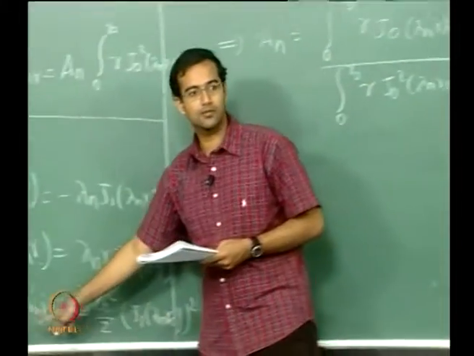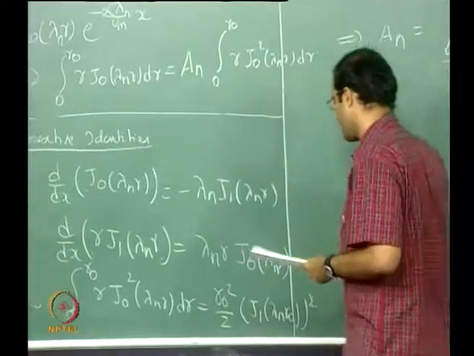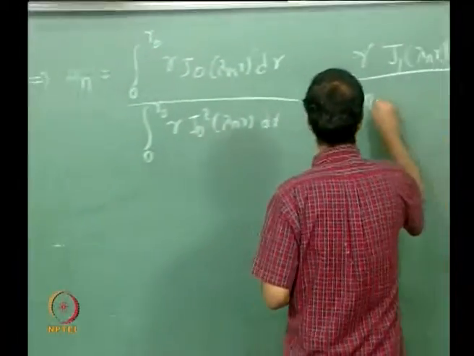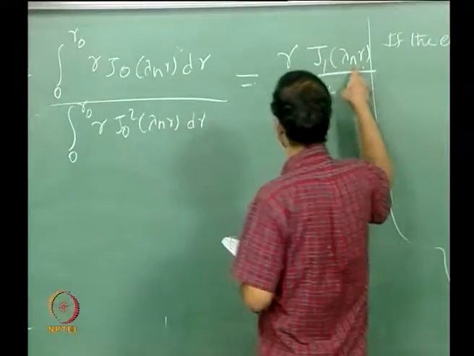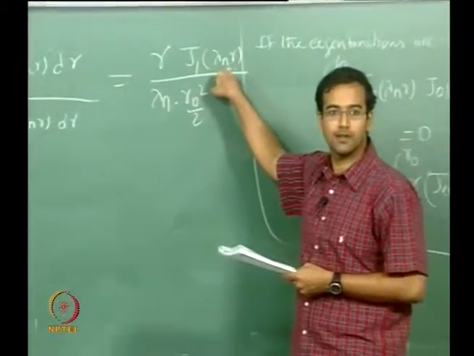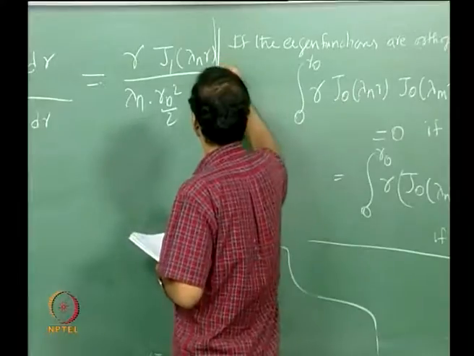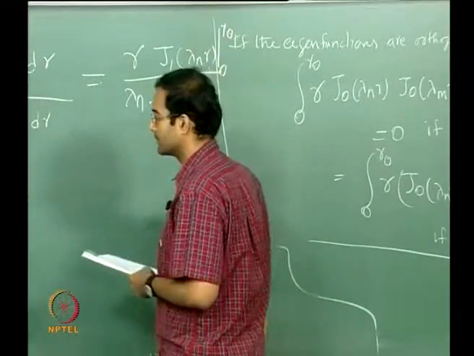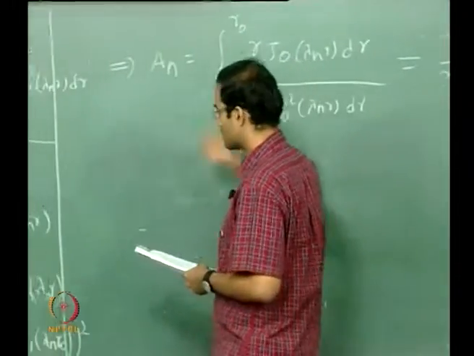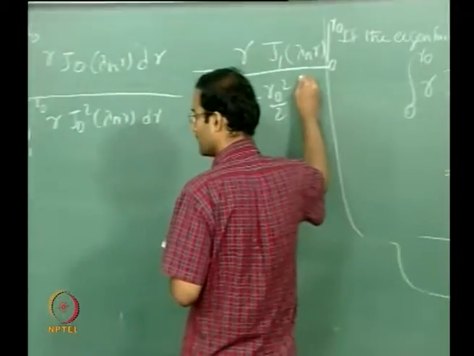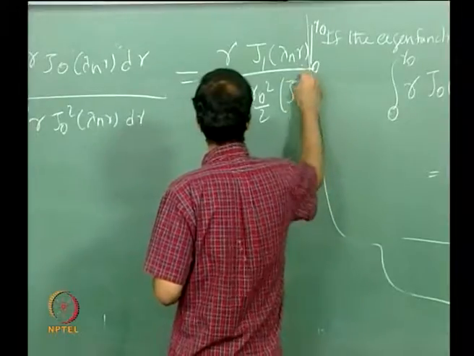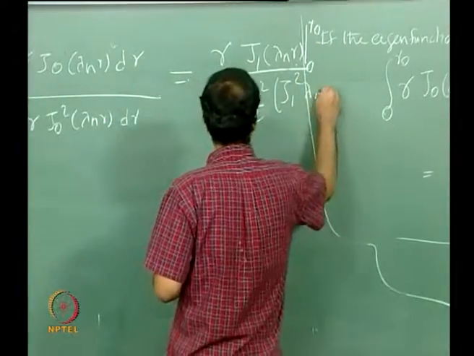So that is, you use this identity number 3, that should be r naught square by 2. Now of course when you integrate it you have to apply the limits here. This is between 0 to r naught, and when you integrate this from 0 to r naught you directly get this particular expression, r naught square by 2 into J1 square lambda n r naught.